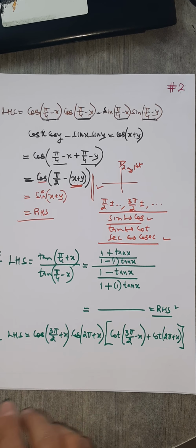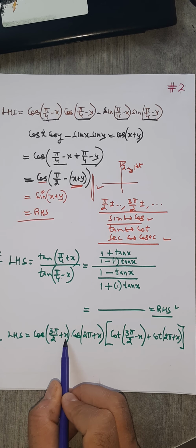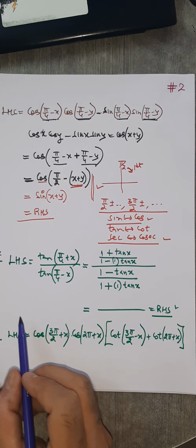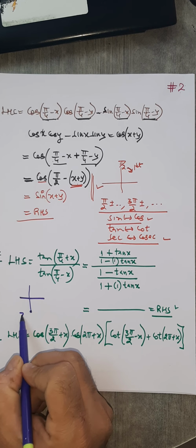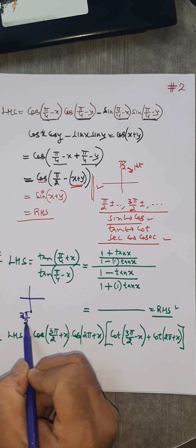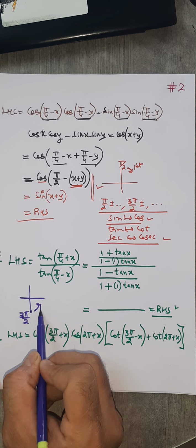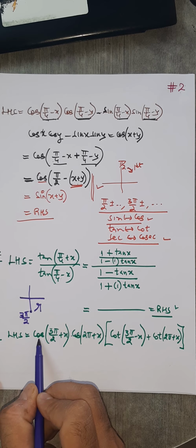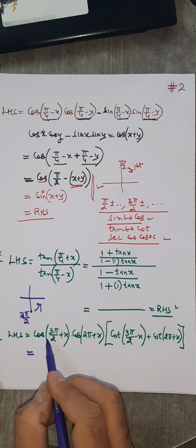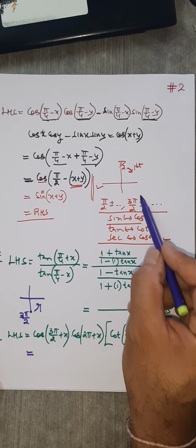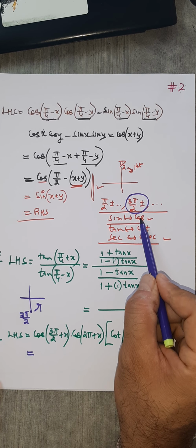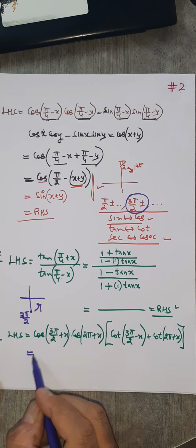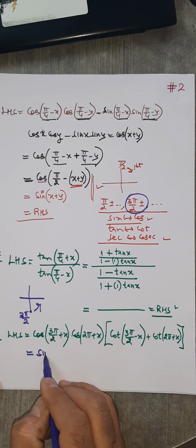This is just based on the quadrant concept, you know very well. 3 pi by 2 plus something: you know 3 pi by 2 is here, plus something, so it will be in the 4th quadrant. In the 4th quadrant cos is positive. And here you have 3 pi by 2, as I explained, so cos will be sine. So here you have sine x.